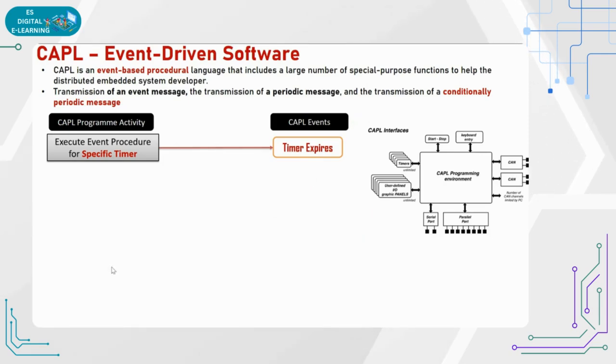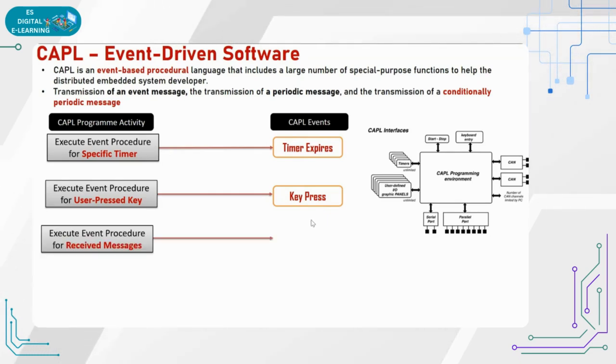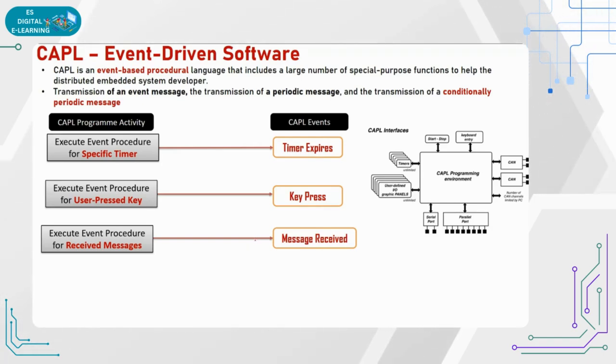So the first is the timer event. Next is user press key. Whenever you press a key, that time you are sending. Those who practiced on CANoe will know this. Next is a message: once the message is valid or invalid, if you are sending, that comes as part of an event.